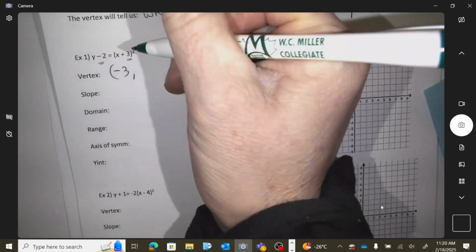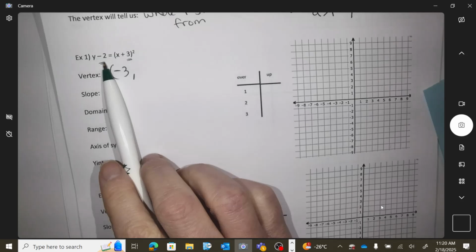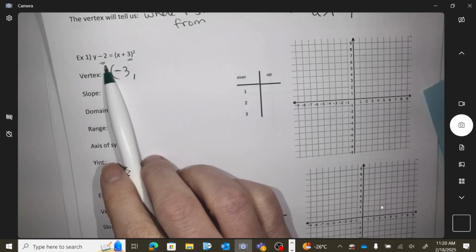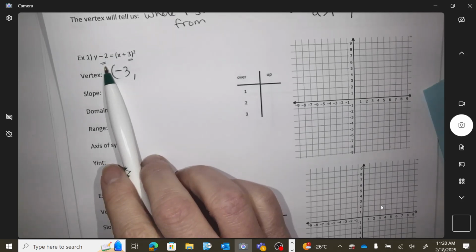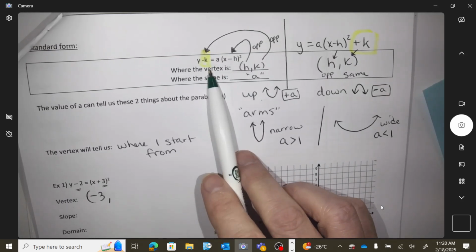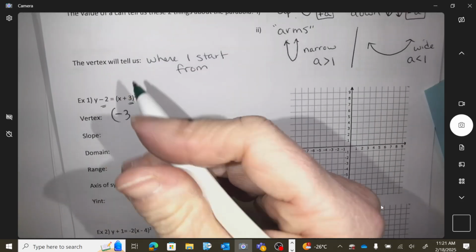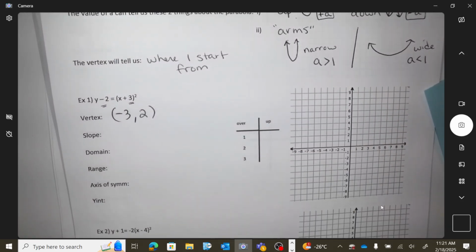So -3, comma, this value. So I'm thinking, should I be the same or the opposite of this value? Okay, I'm following this format. So what did I do? Opposite. So I should write +2. Opposite and opposite.